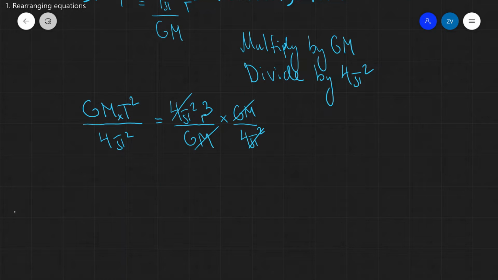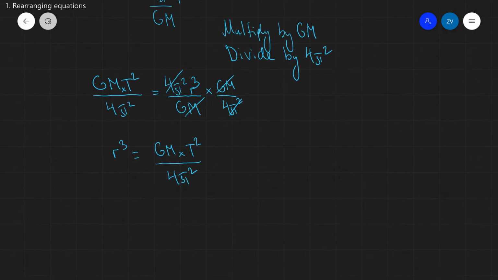So R cubed is equal to GM times T squared divided by 4 pi squared, and our final step will be just to cube root this. So R is equal to the cube root of GM times T squared divided by 4 pi squared.